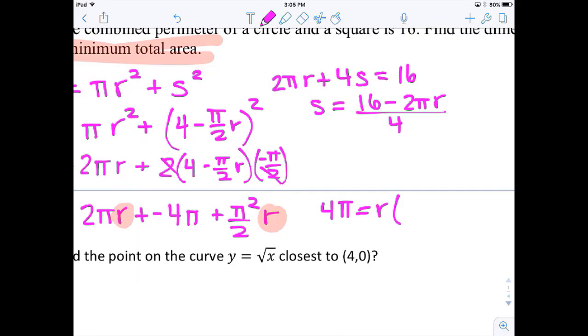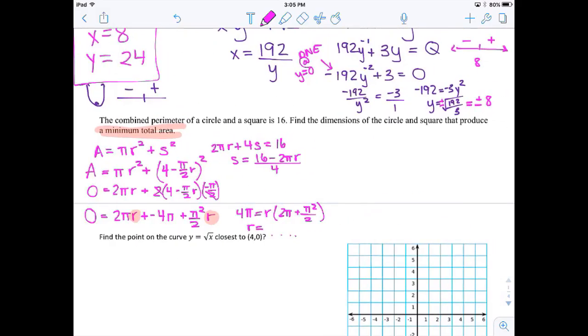So that would be 2 pi plus pi squared over 2. And then you can divide that over to get your r value. Now it says find the dimensions of the circle, so you've got your radius, and once you have that, you can go ahead and plug that back in to get the dimensions of the square. So again, another example, and really what I want you to focus on is getting it into this form, where you'd have just one variable, right?